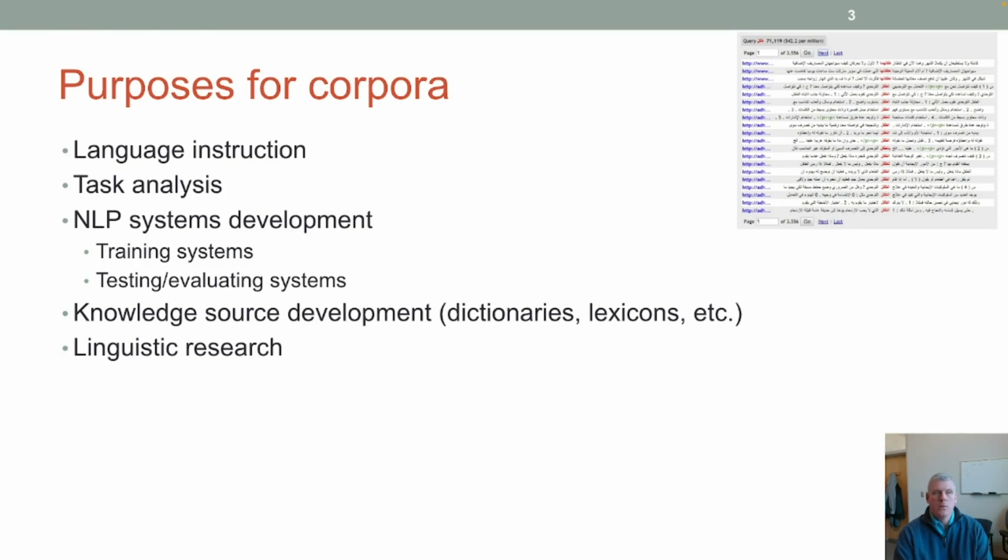Corpora are really important for training NLP systems and for testing and evaluation of those systems. You can create knowledge source development, like dictionaries and lexicons of languages, like documenting languages that are spoken by few people. You create a corpus of everything you can about that language and create a lexicon based on that corpus or small corpus. And obviously linguistic research.